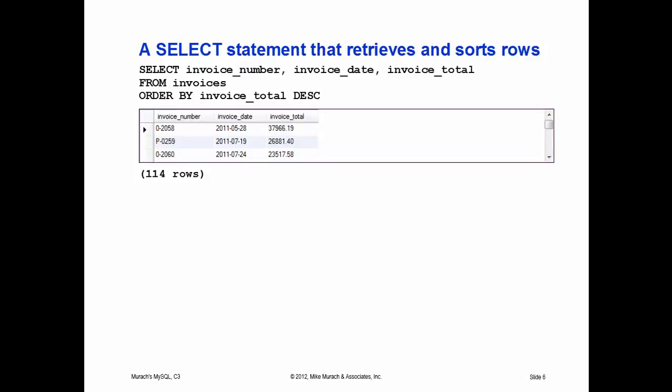Now look at this one. Look at the difference. I'm only asking for certain fields. So I'm not saying select star, I'm saying select, followed by the invoice number, the invoice date, and the invoice total. And then I'm saying order it in descending order based on the invoice total. So it's done in descending order based on this field.